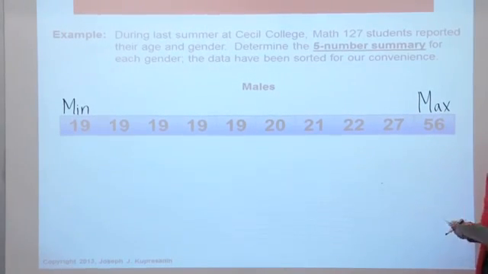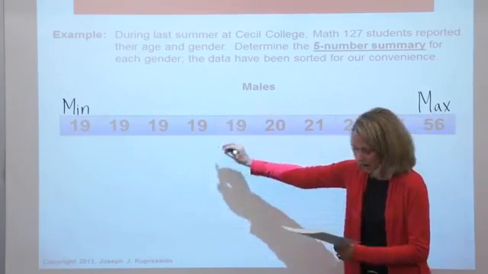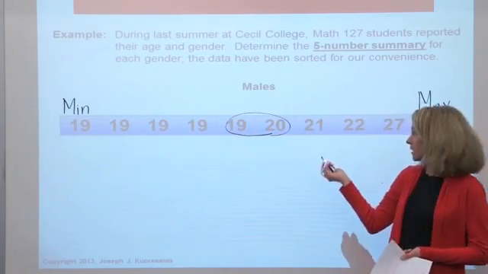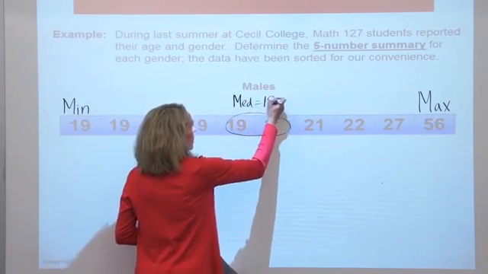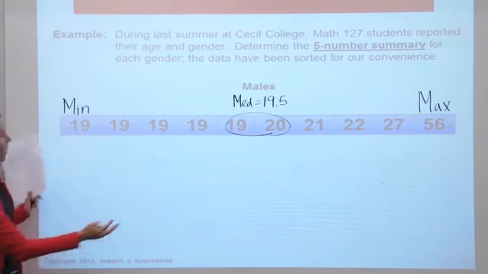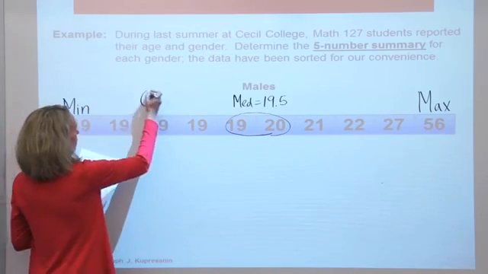So there are two values in the center. These two values are right in the middle. So if we take the average of 19 and 20, that would give us the median. And so the median age for these males is going to be 19.5. And then in the bottom half of the data, Q1 divides the bottom half in half.